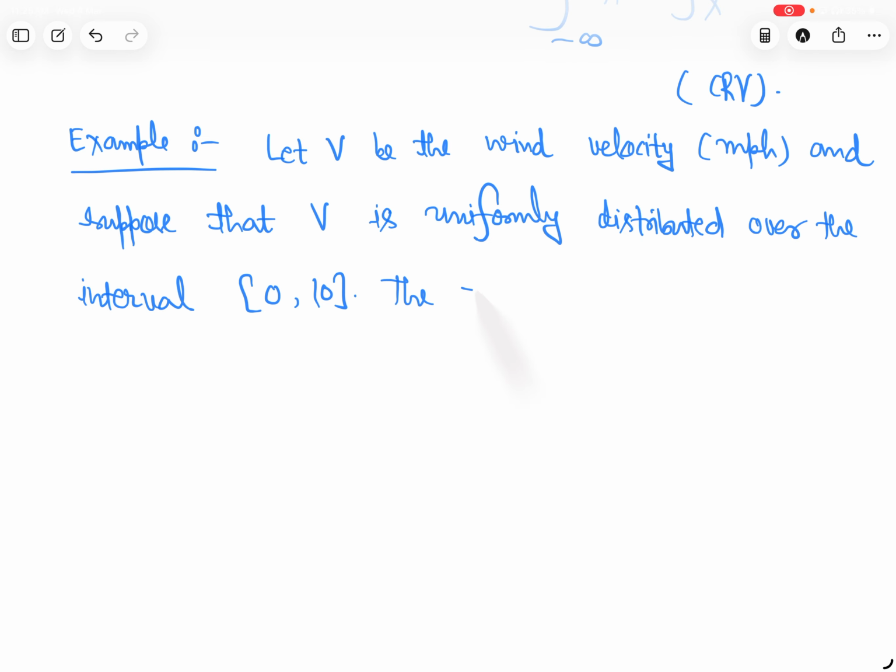The pressure, say W, in lb per feet square, maybe the unit of lb is pressure unit. Okay.